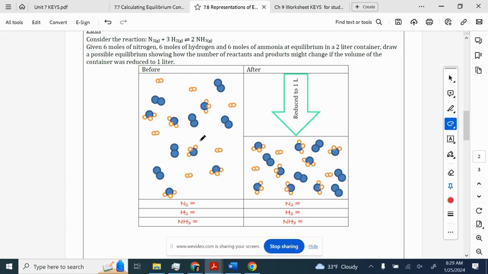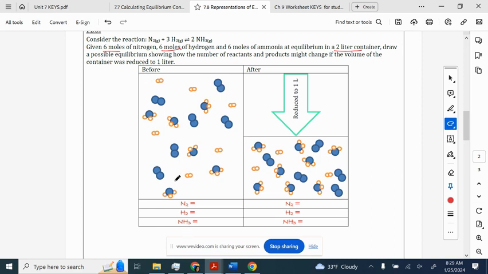Okay. This requires a little stretch here. Another sip of coffee. Okay, we are in the land of moles here. See that? And we're in a 2-liter container. So they want to know down here.